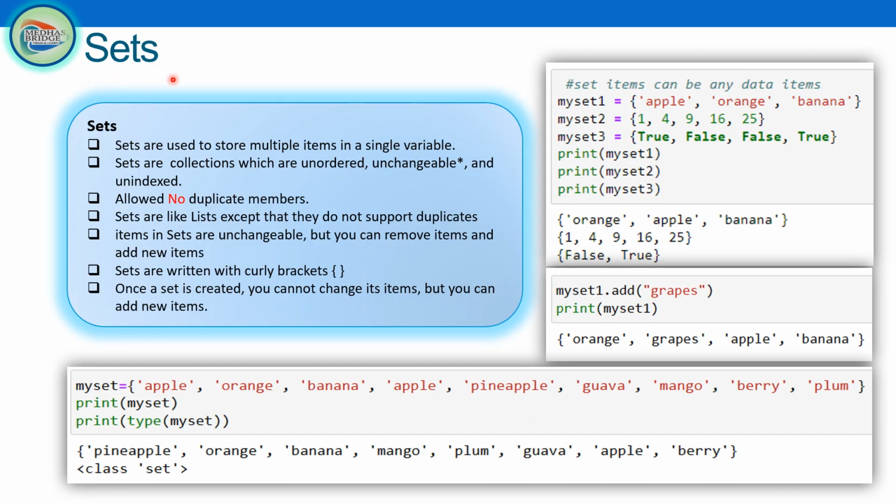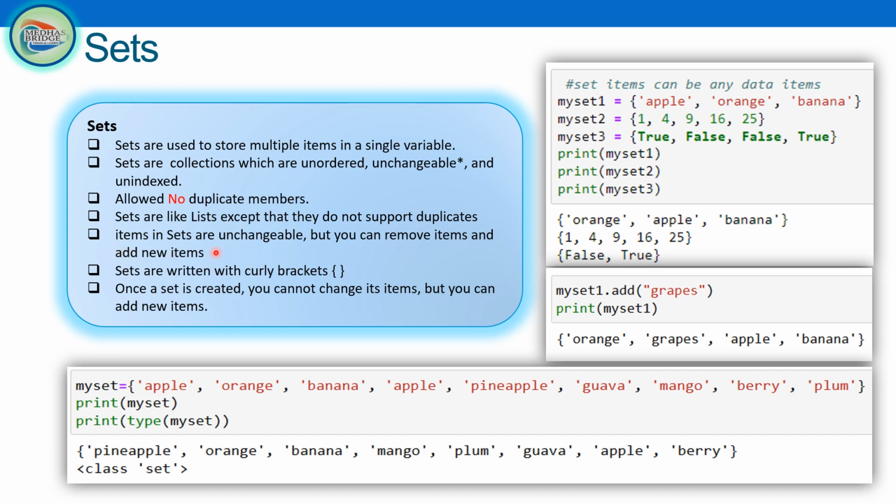Now sets. Sets are used to store multiple items in a single variable. Sets are collections which are unordered, unchangeable, and unindexed. Sets allow no duplicate members. Sets are like lists except that they do not support duplicates.